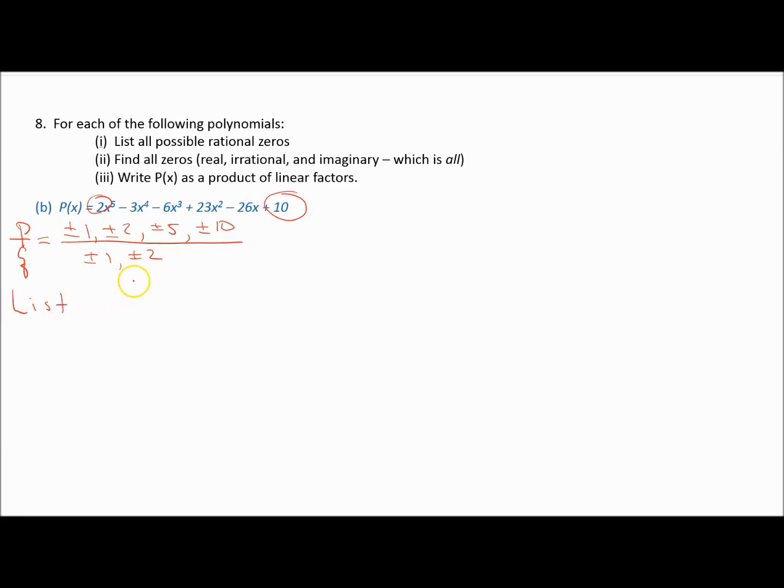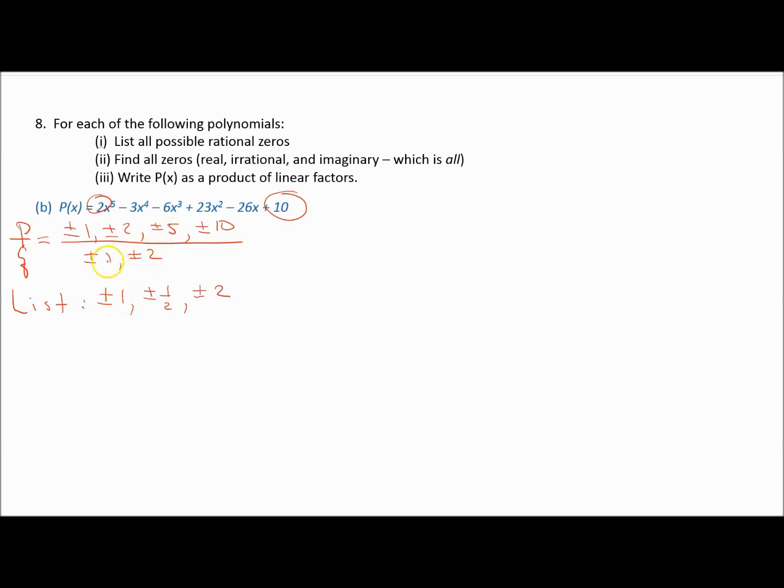There will be fractions on this list, because anytime you have more than just 1 in the denominator, you have fractions. So my list, I put 1 over 1, that's plus or minus 1, but I need to put 1 over 2 as well, so that's plus or minus 1/2. Then I put 2 over 1, that's plus or minus 2. Then I put 2 over 2, well that reduces to 1, and it's already on the list.